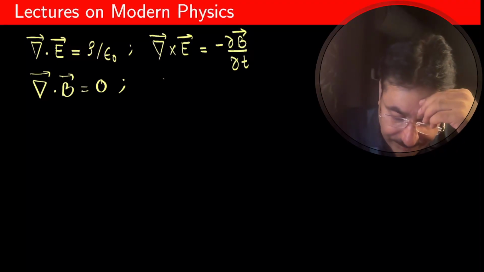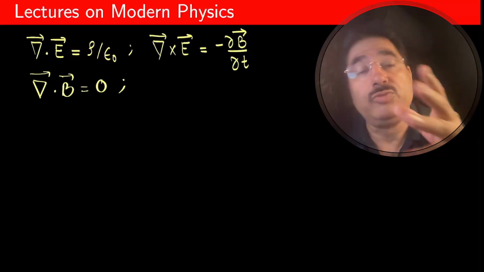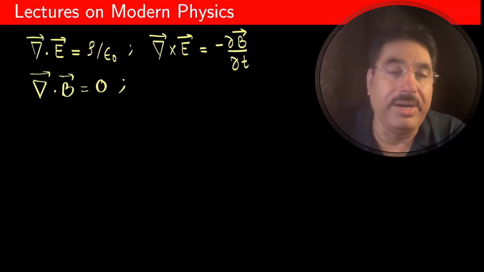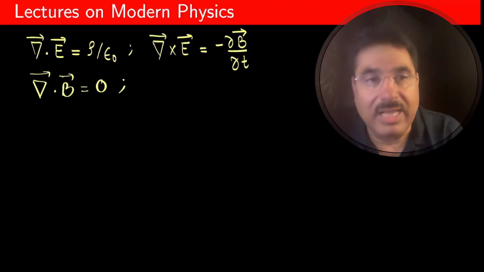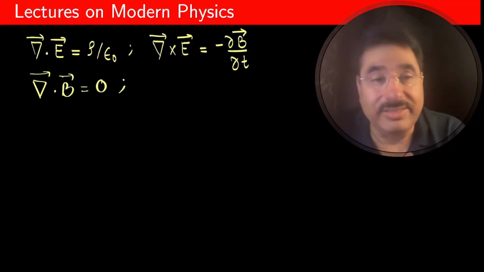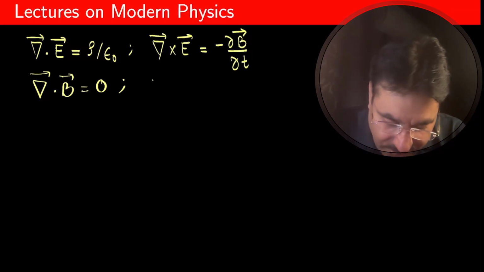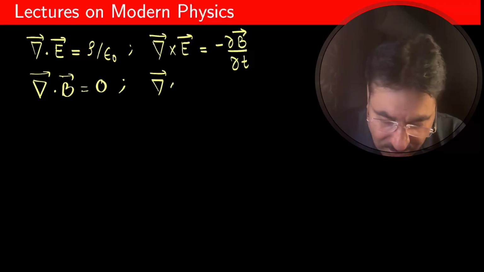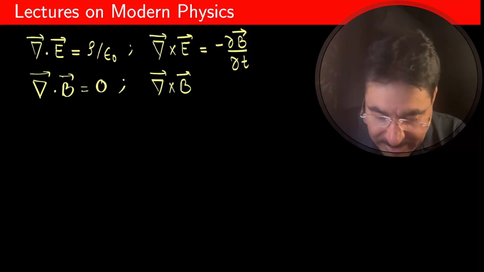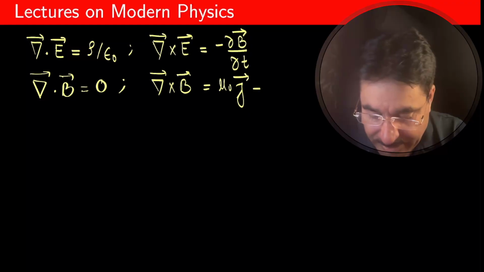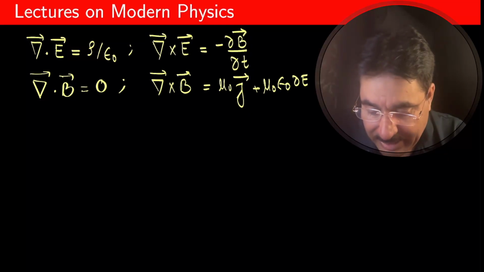Then we have Ampere's law, and it needs to be corrected if you need to incorporate local conservation of charge. We did that in our last lecture, and we corrected Ampere's law and got Maxwell's fourth equation. This equation tells me that the curl of the magnetic field is mu naught times current density plus mu naught epsilon naught times the rate at which the electric field varies with time.